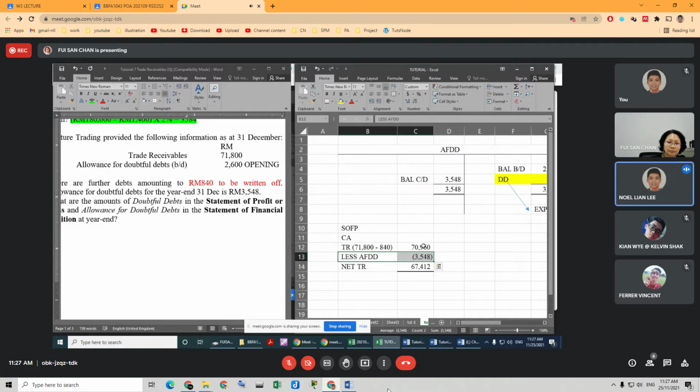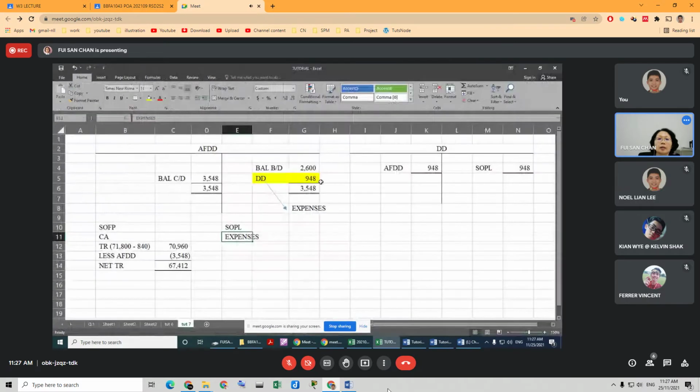Any question? So both bad debt and doubtful debts are under the expenses. Yes. Okay, I'll show you. In SOPL, under expenses, you will have bad debts, and you have doubtful debts.